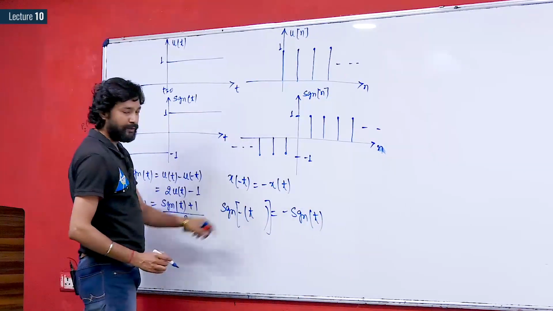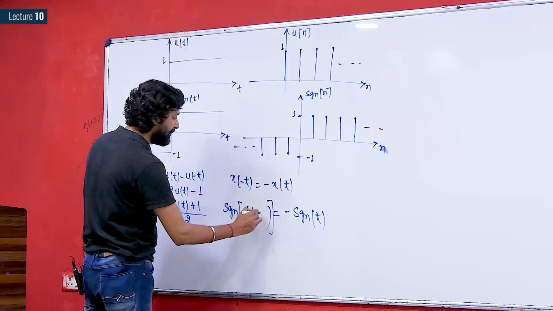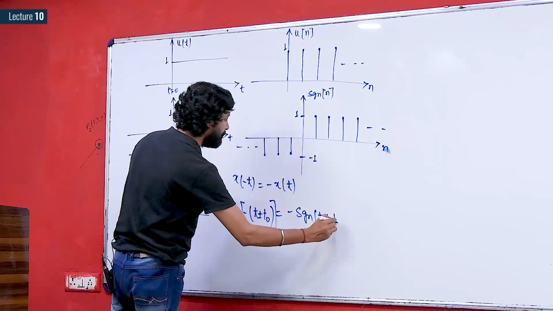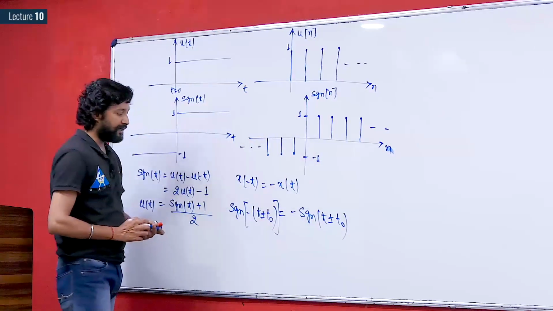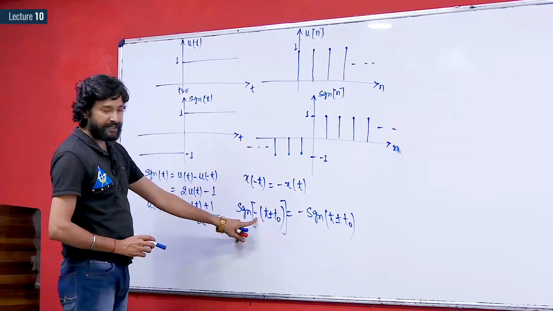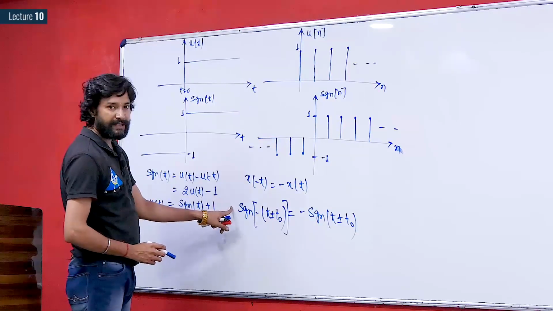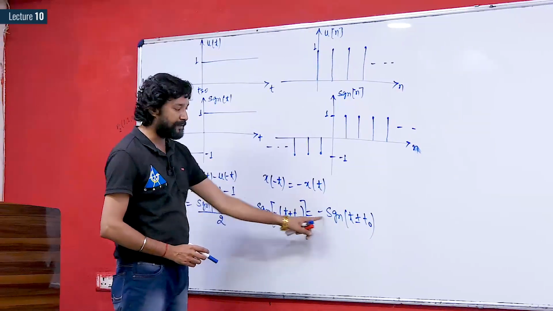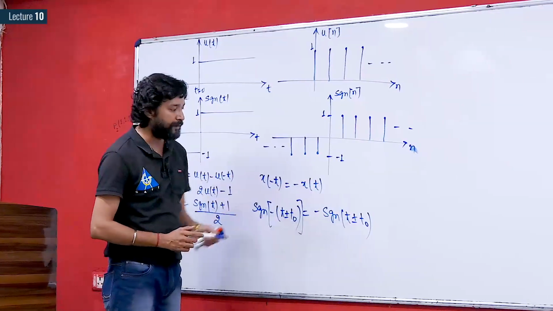If we replace this t by t plus or minus t naught, then accordingly you have to take the same replacement here also, that will be signum of t plus minus t naught. So if there is a time reversal, you can take this sign of time reversal and make it an amplitude reversal. So signum of minus of t plus minus t naught will be minus of signum of t plus minus t naught.